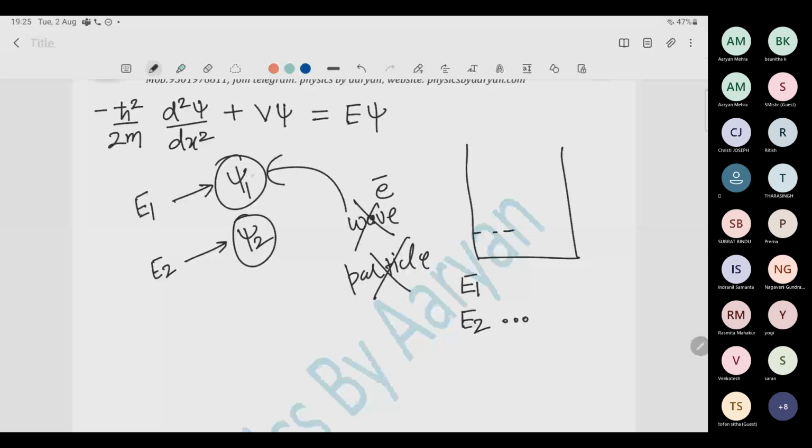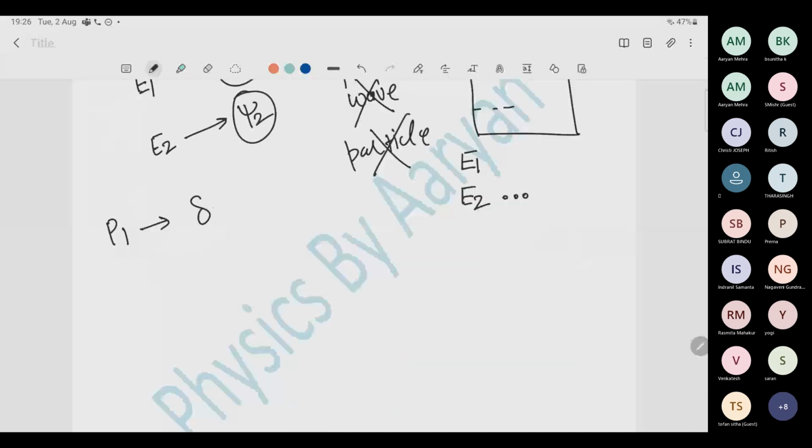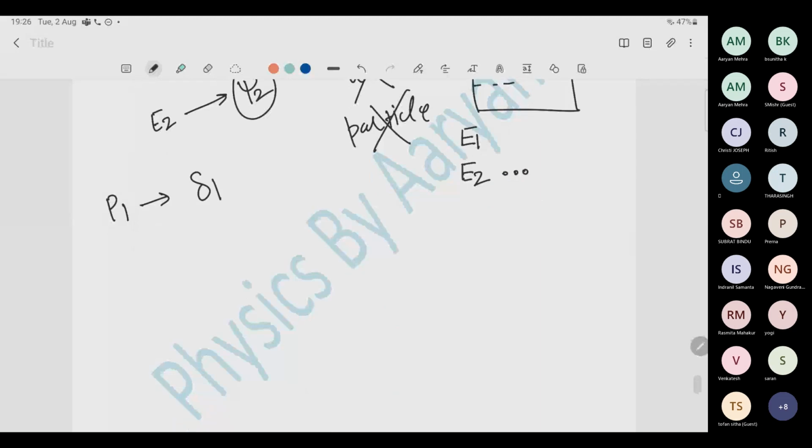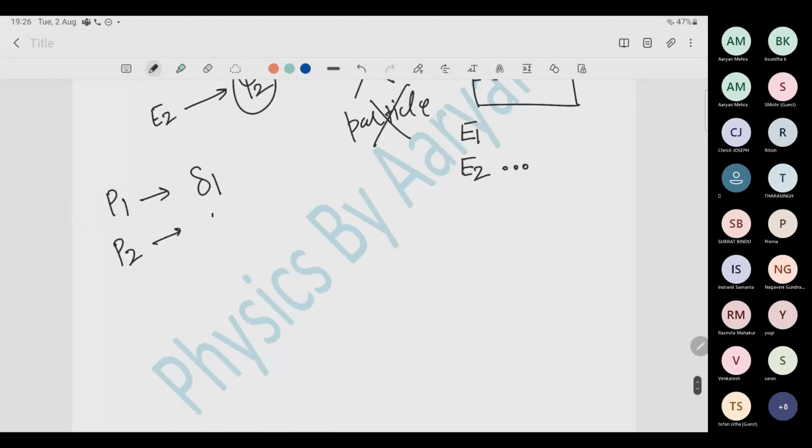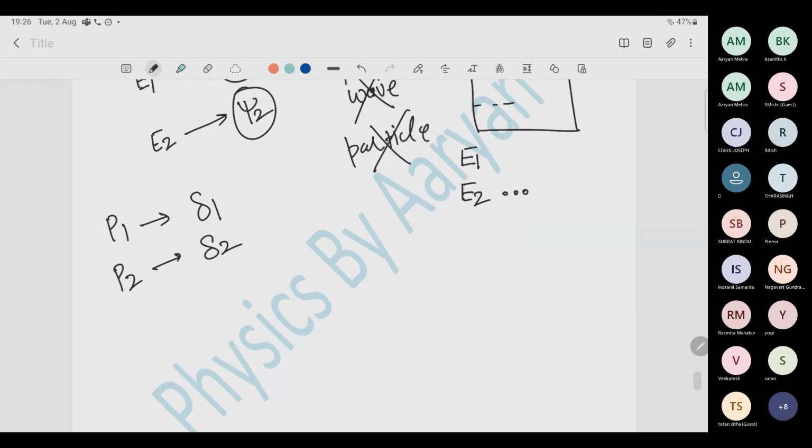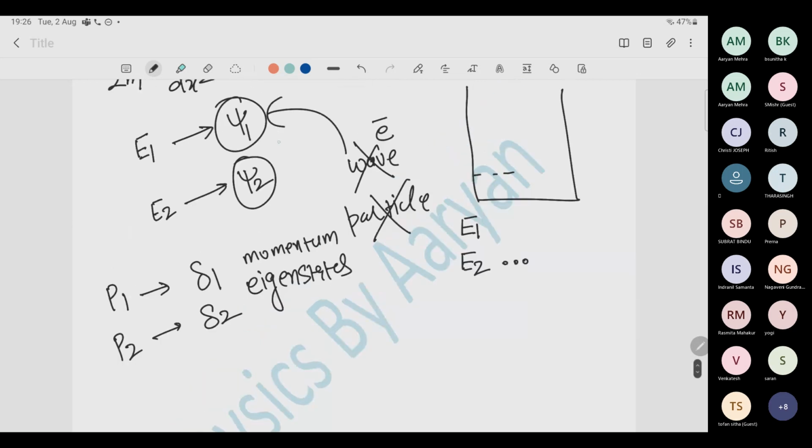When your electron has a momentum p1, quantum mechanics says it will have the state delta 1. When it has p2, it has the state delta 2. For every physical quantity there are some states related to it which are called eigenstates. These are called momentum eigenstates. These are called energy eigenstates.